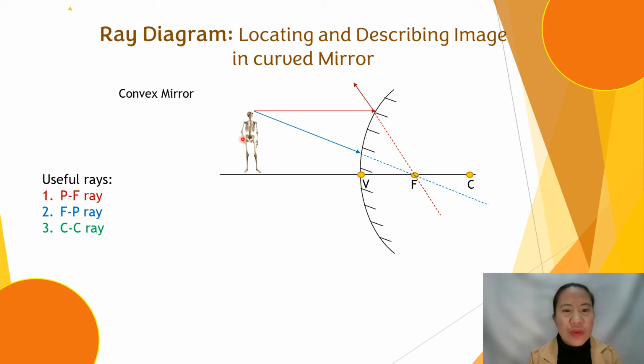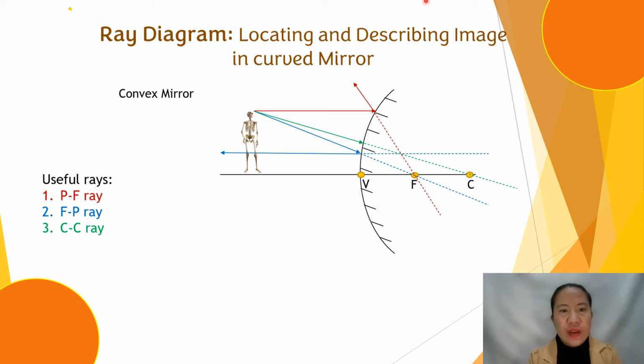Another is the CC ray. A light ray is drawn from the tip of the object directed towards the center of curvature. Then that light ray will be reflected back along its way.